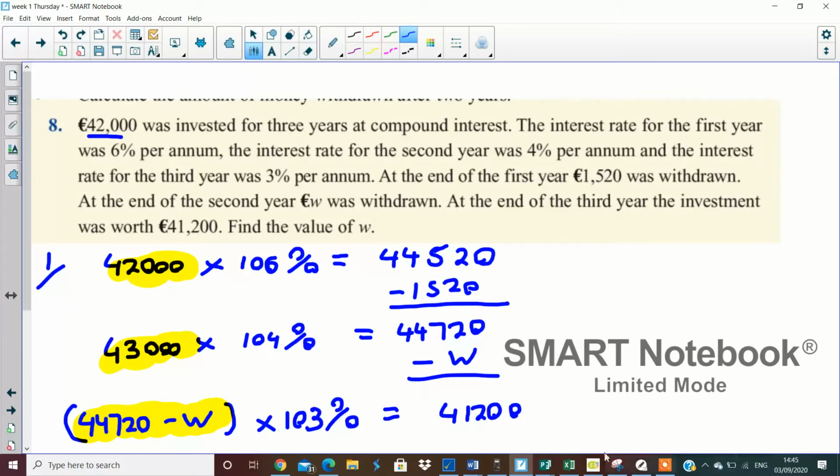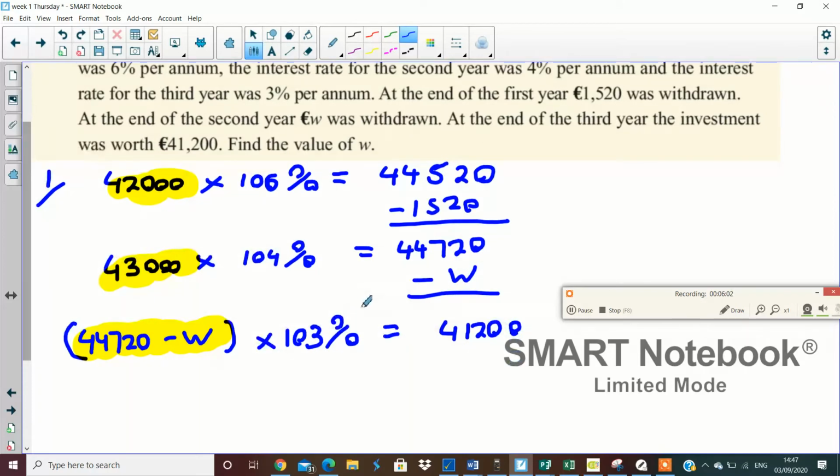And the answer comes in to be 41,200. And pause. Multiplying by 103% is essentially the same thing as multiplying by 1.03. They're the same thing. So what's 44,720 multiplied by 103%? 46,000?